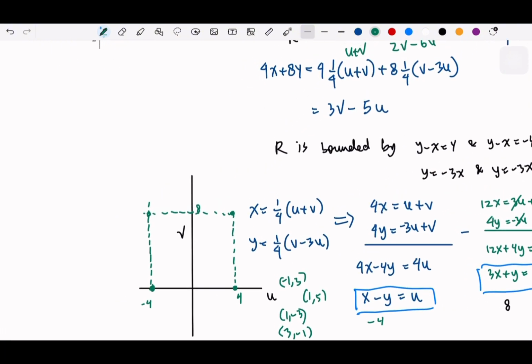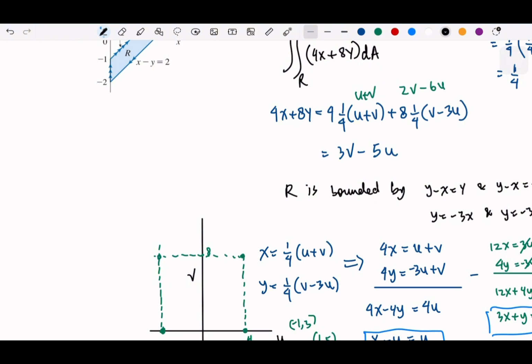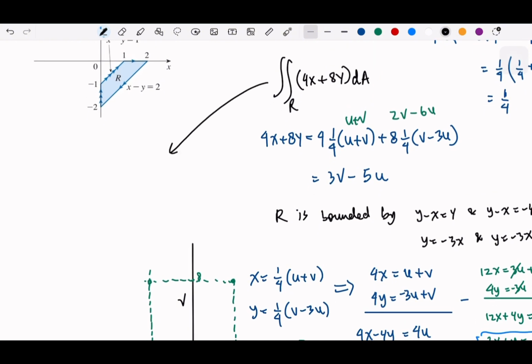So now we have u starting from -4 to 4 and v from 0 to 8. So then our double integration, we can take, suppose that this is 3v minus 5u. No matter whether du or dv first, they are basically the same.